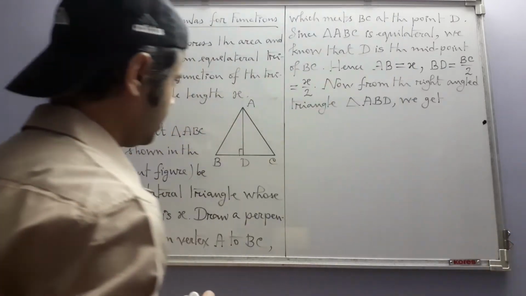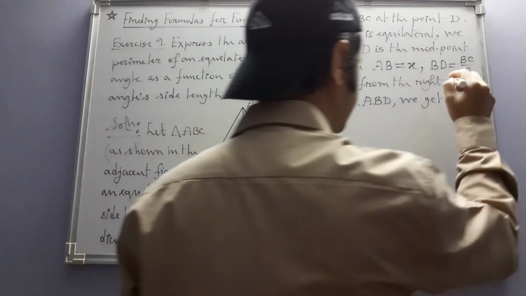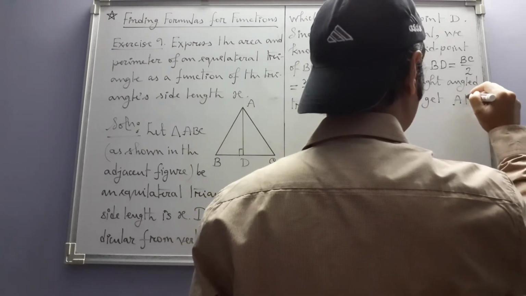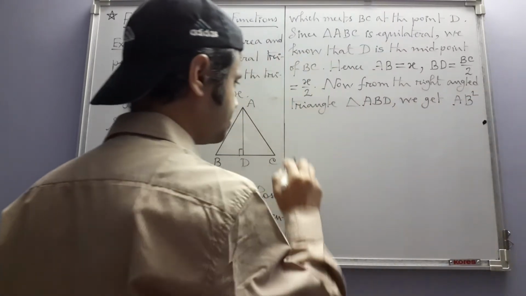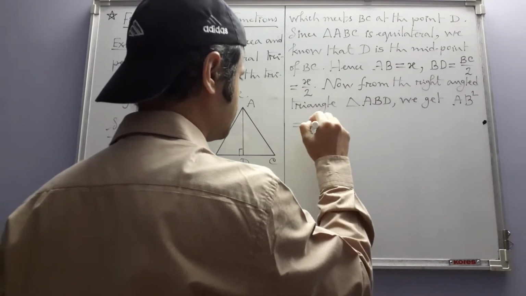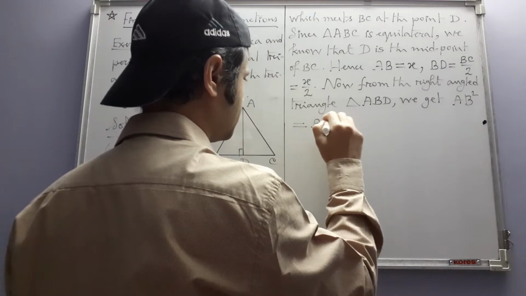The square of the hypotenuse equals the sum of the squares of the other two sides.